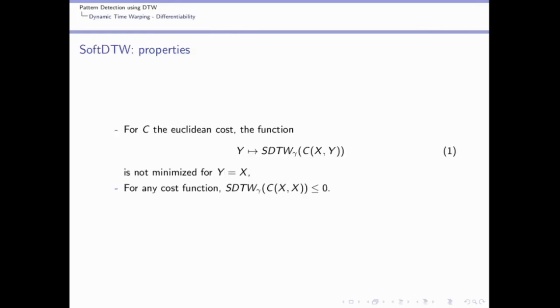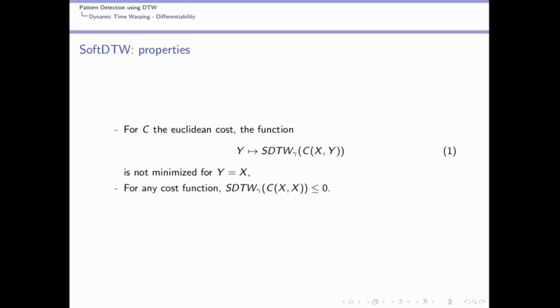We can also look at the properties of the soft DTW, and it turns out that it's not so well behaved. For example, for the Euclidean cost, the cost matrix of x and x is not a stationary point of the function which maps y to the soft DTW gamma of the cost between the two.